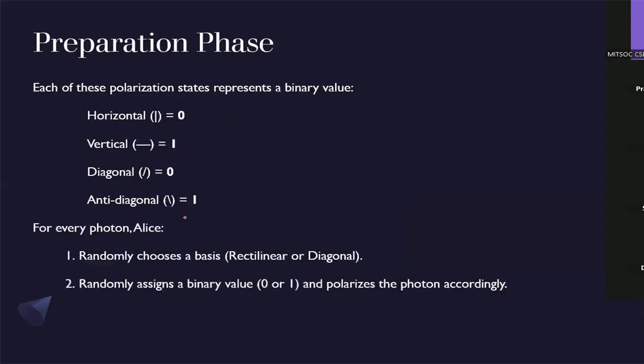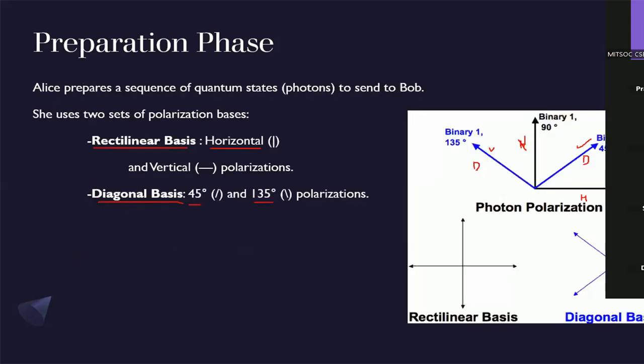Now consider that each of these polarization states represents a binary value. Just like in the previous diagram, 0 degrees can be binary 0, 45 degrees is binary 0 but it is a diagonal, 90 degrees is binary 1 in the rectilinear basis, and here we have binary 1 in the diagonal basis.